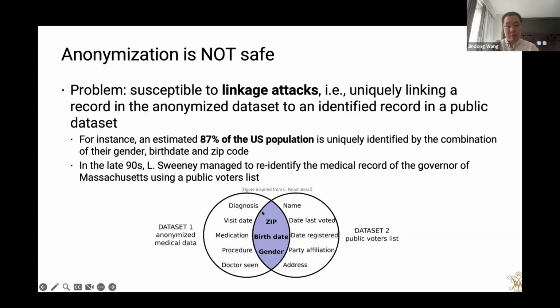In these datasets, there is the joint relation of zip code, birth date, and gender. So they can immediately know who got cancer, even if you choose to mask your name in dataset one. Okay, so now you know anonymization is never safe. There should be more attacks and more solutions to protect your information, not just masking your name.